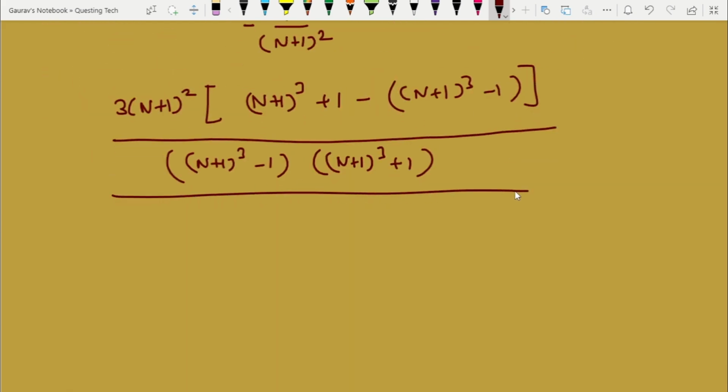Then in the denominator minus 1 over (n plus 1) squared. So we can say this is 3 times (n plus 1) raised to power 4, and in the multiplication this (n plus 1) cube cancels out and just 2 remains.